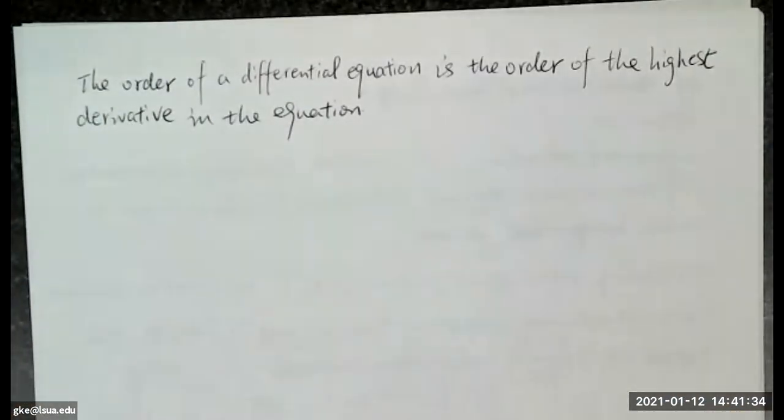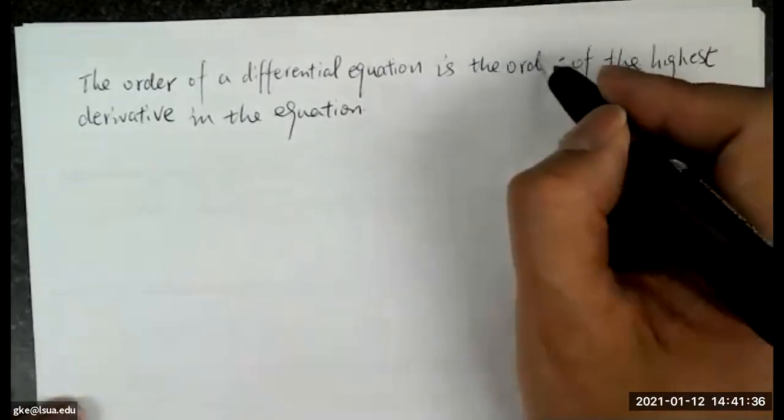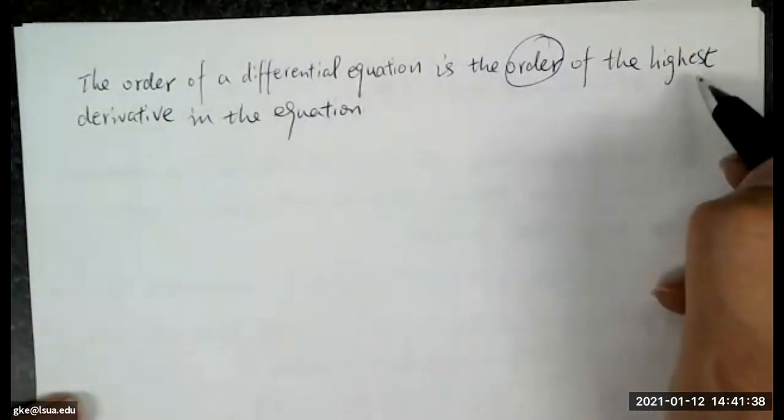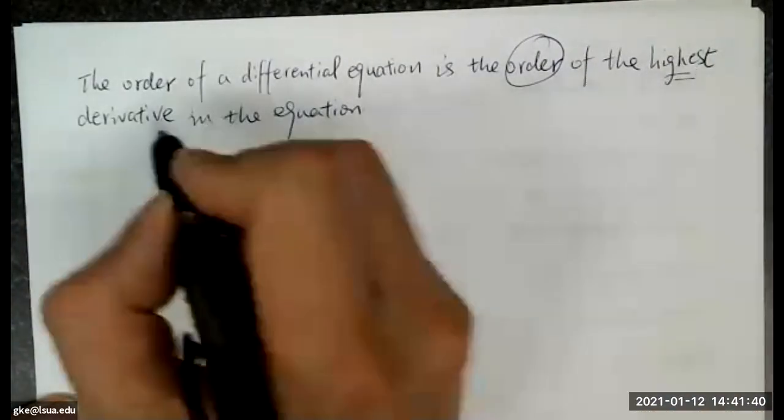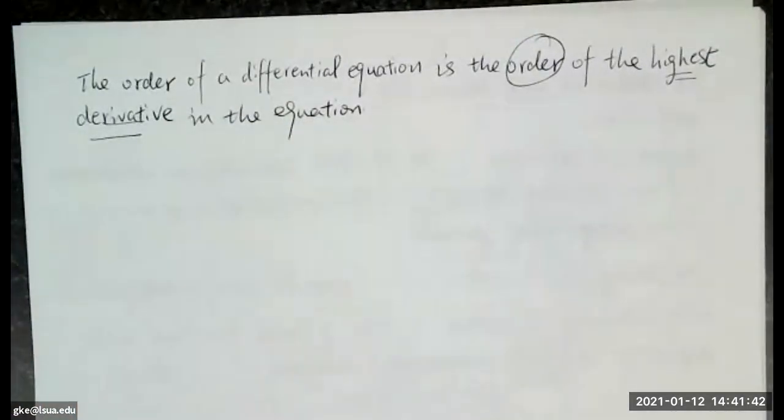Okay, so let's take a look. The definition of the order of a differential equation is the highest derivative. Okay, highest derivative.